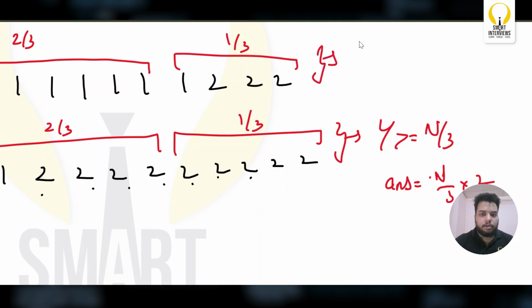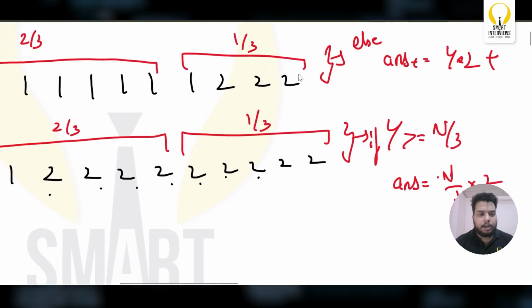In the case where my number of 2's is less than 1/3, basically this is the if condition and this is the else part, my answer is going to be, obviously, all number of 2's, y into 2. All number of 2's should be selected, plus the extra ones which I am selecting should also be added.